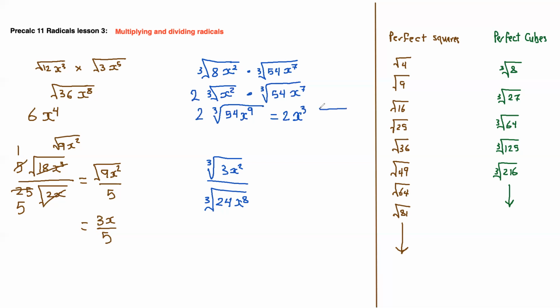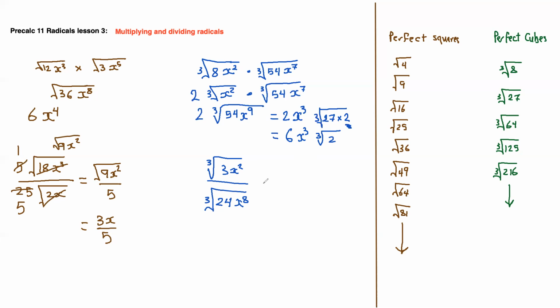And the 54, I'm going to break it down because for cube roots, 27 goes into 54 twice. So I'm just going to change the 54 to 27 times 2. And the cube root of 27 is 3. So 3 times 2 is 6. We still have the x cubed there. And then the 2, we don't know what the cube root of that is, so we're just going to keep it as cube root 2. And that's a mixed radical.